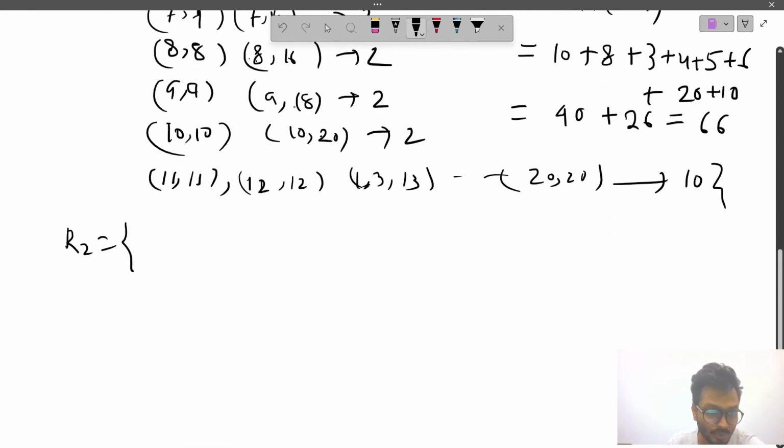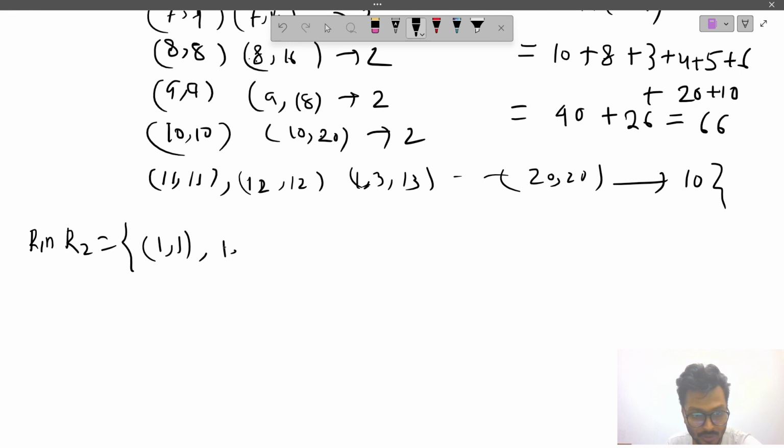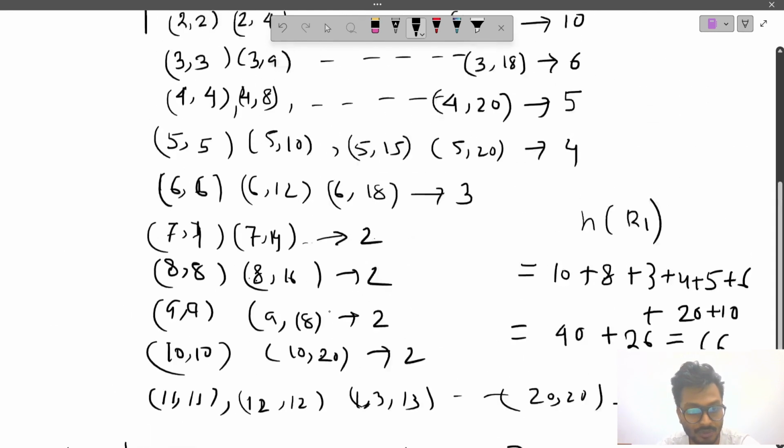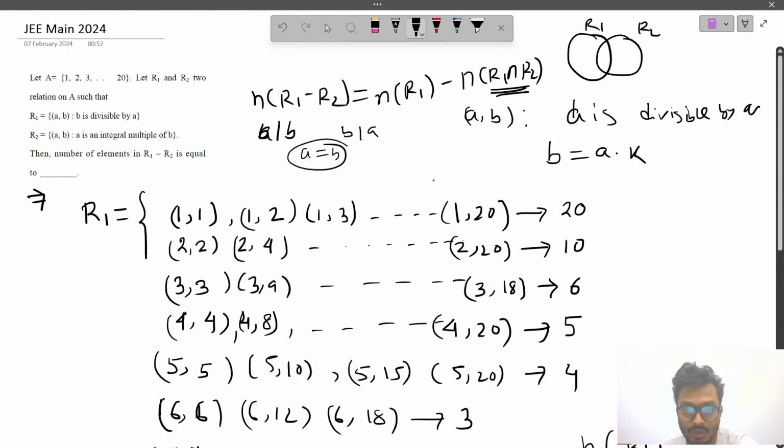So what will be R1 intersection R2? R1 intersection R2 is nothing but (1, 1), (2, 2), dot dot dot, (20, 20), right? So how many terms are there? The number of elements in R1 intersection R2 is nothing but 20.